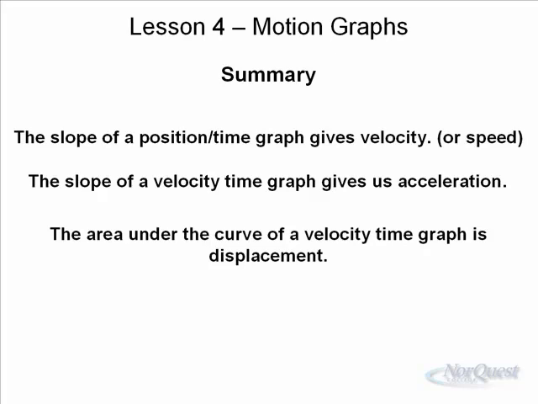Now, you will use these ideas quite a bit. I would say the first one, the slope of a position time graph, is certainly used the most. But the other two are handy quite a bit. And I would say you really need to practice this stuff, and you will be given some opportunities to do that.